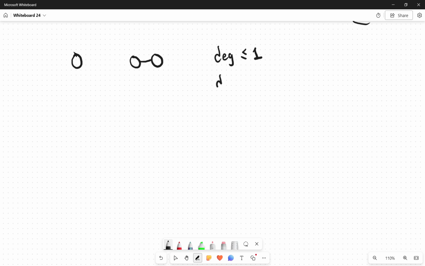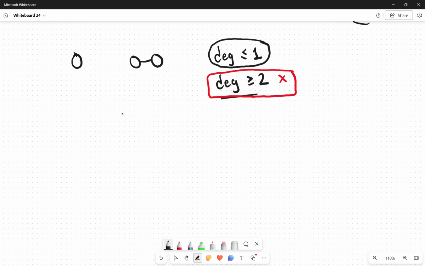Because we removed all the edges from a particular vertex if its degree was 2, right? So we won't have this type of nodes after performing those operations till there is no node left with degree greater than or equal to 2. So this is the only case. So suppose I'm left with this kind of structure.